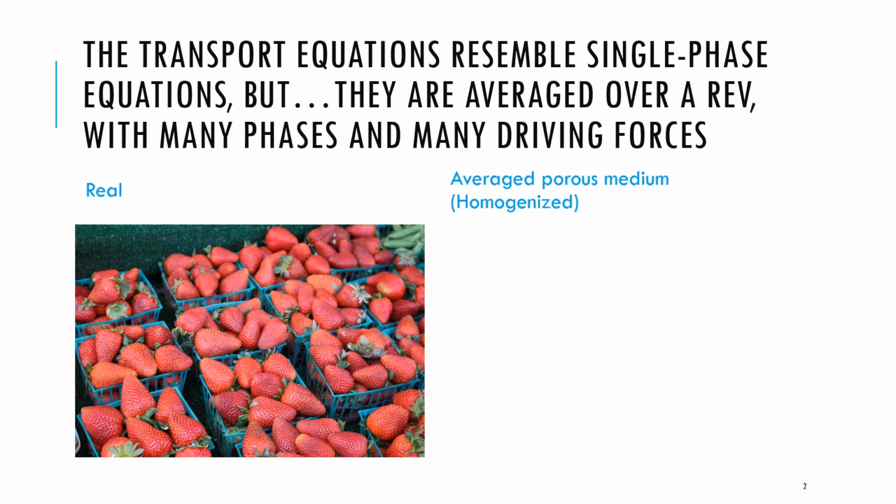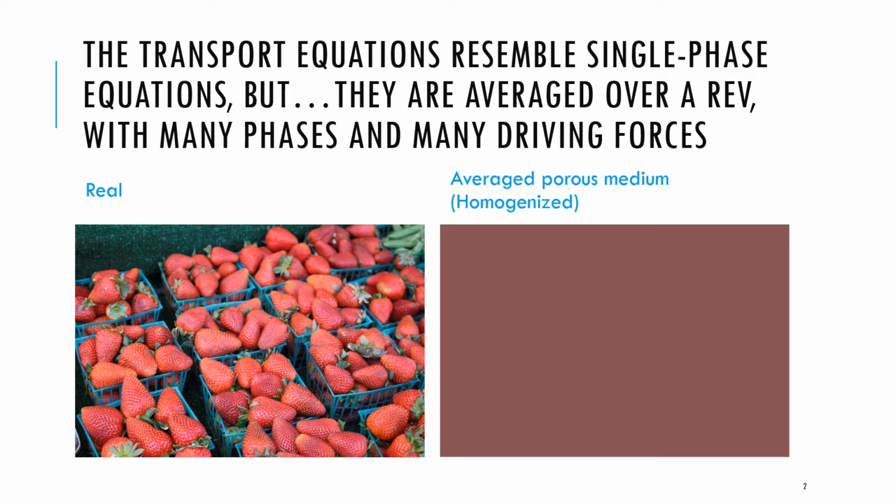Now, it is important to know that the transport equations that you're about to see look like the single phase equations that we are more often familiar with, but they're averaged. How are they averaged?